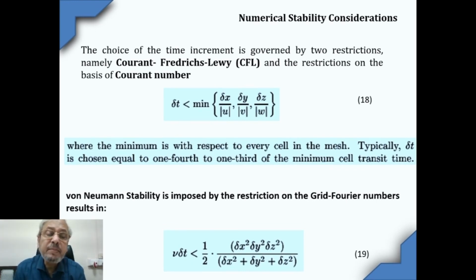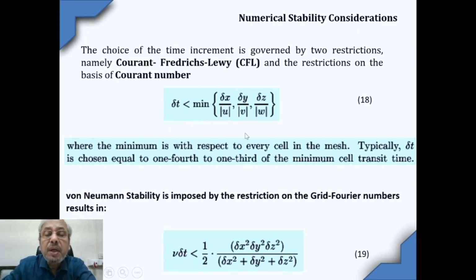So delta t minimum over the domain we can write this way: delta x by modulus of u, u may be locally negative or positive, delta y by modulus of v, delta z by modulus of w, where the maximum is with respect to every cell in the mesh, and minimum is also with respect to every cell in the mesh.